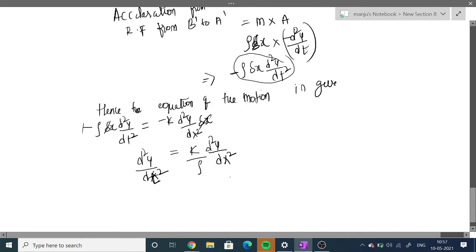So what does rho represent? Rho represents the density of the medium.